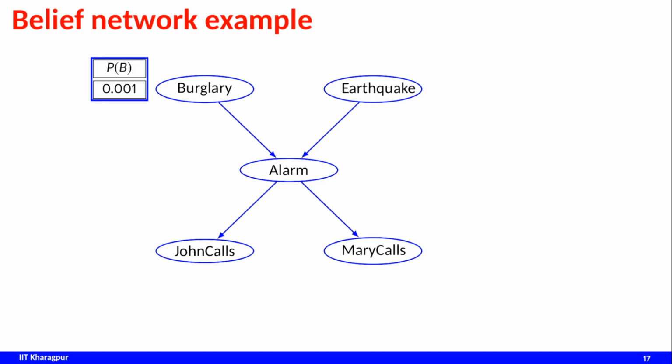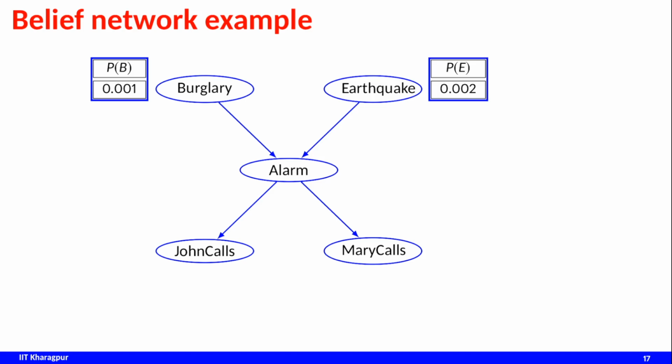For quantitative information, we have to give the probability values. What is the probability that the burglary can happen? It can happen with a probability of 0.001. Similarly, for earthquake, the probability is 0.002. Interesting to note here that the earthquake probability is more than the burglary.